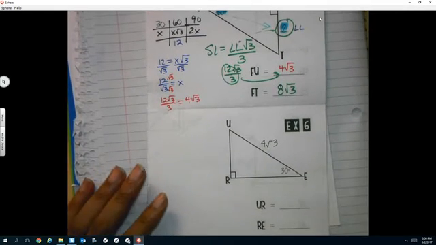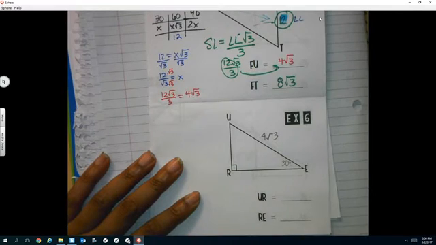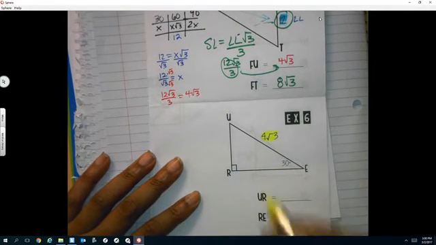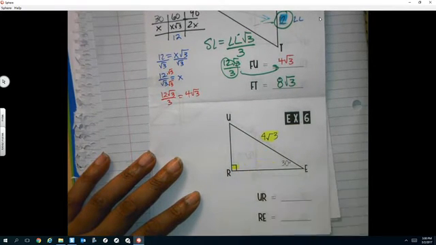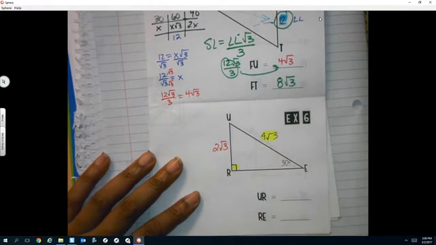So on example 6, guys, what does this 4 square root of 3 represent? Yeah, because it's opposite the right angle. So then it'd be easy to find the short leg. Yeah, 2 square root of 3, just take half of it.